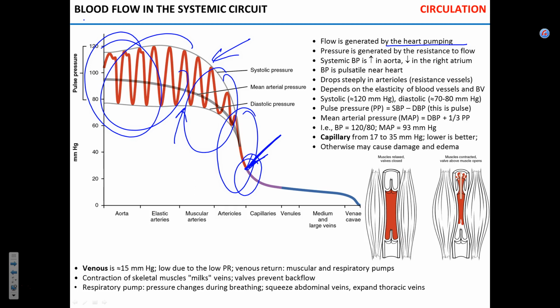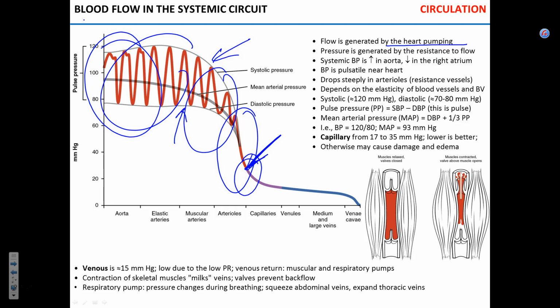So recall for a second the structure of the capillary. Endothelial cells and basal lamina. They're fragile. What do you think is going to happen if your systemic blood pressure rises to some insane numbers? What's going to happen to the capillaries? You're going to get damaged. Yeah. Does that make sense? So there are mechanisms that do not allow that.